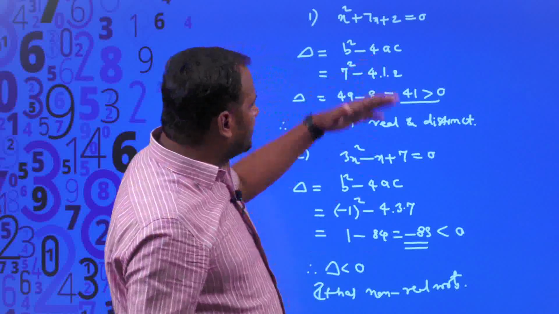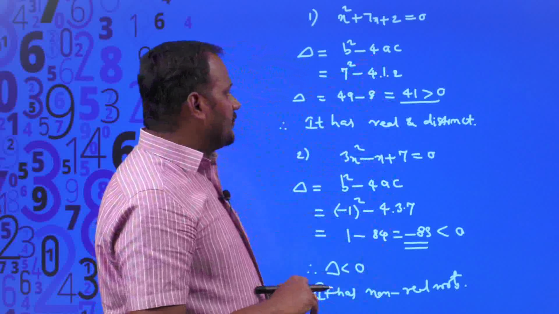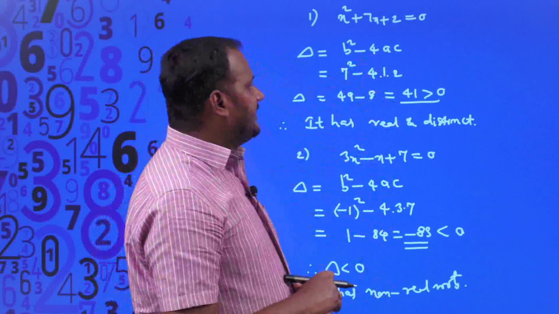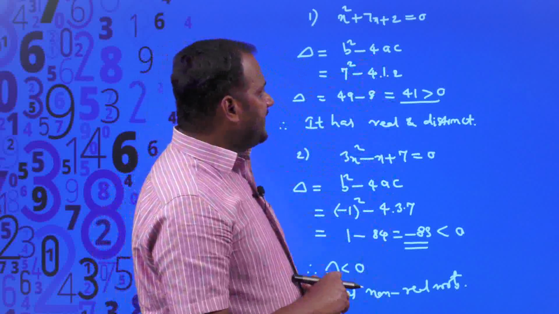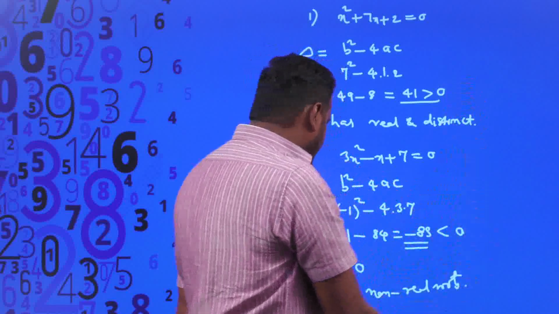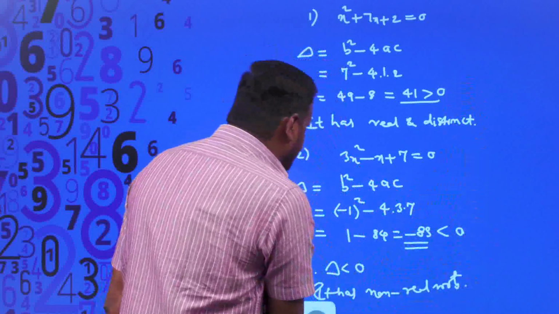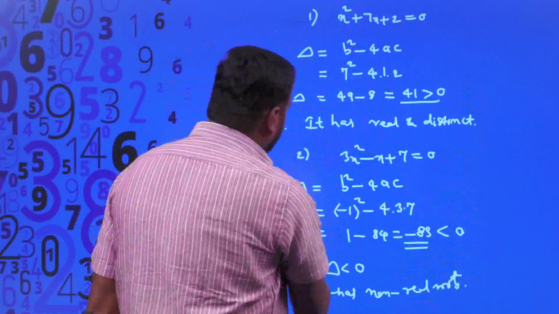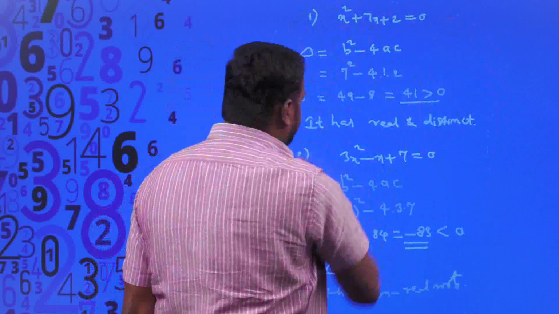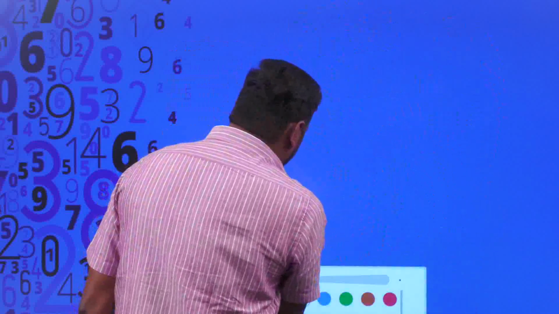Out of all these discussions, we can conclude one thing here. Consider any quadratic equation in the form ax square plus bx plus c is equal to 0, irrespective of the sign of x square as well as the sign of x.